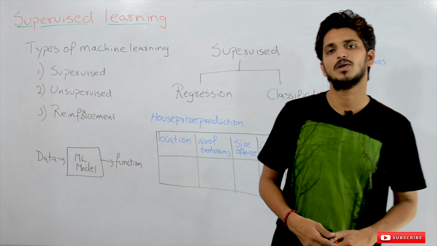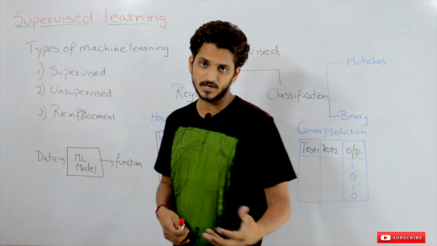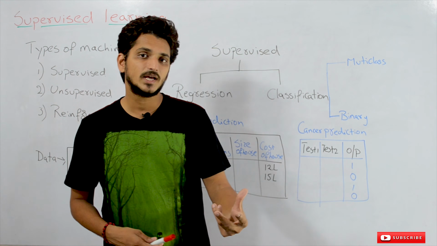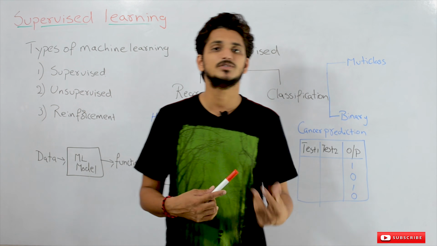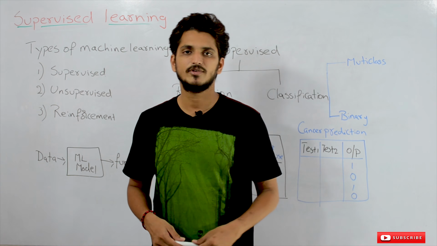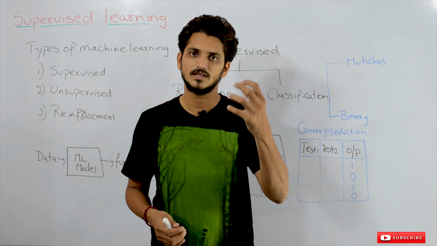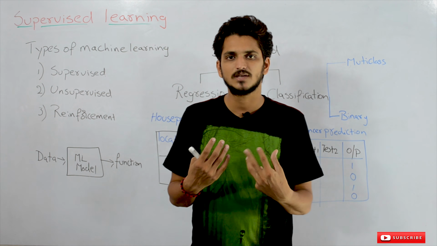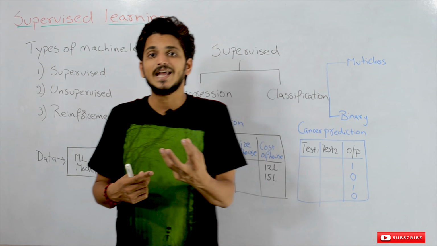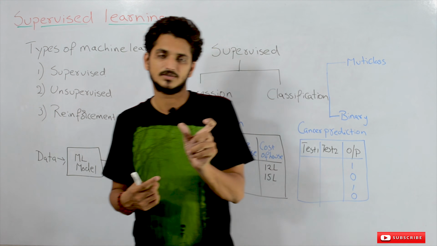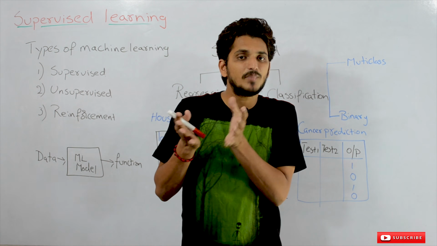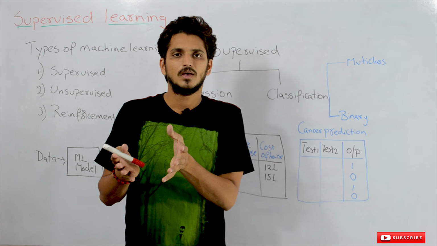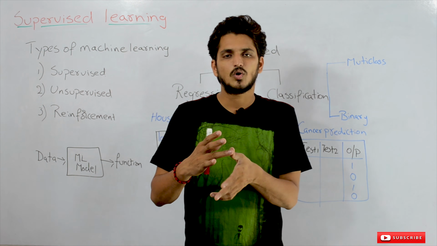Let's take an example of multi-class classification. Nowadays we are getting automatic bike number detection systems. Near our traffic signals we have cameras, and the cameras capture our images and automatically detect our bike numbers. So how many different digits will you have? 0, 1, 2, and so on up to 9.